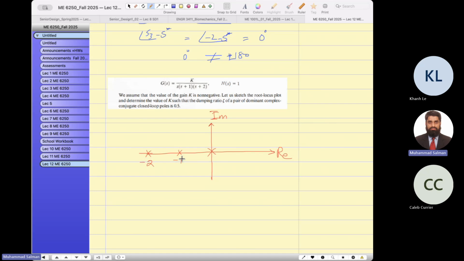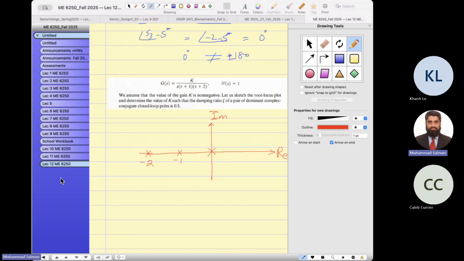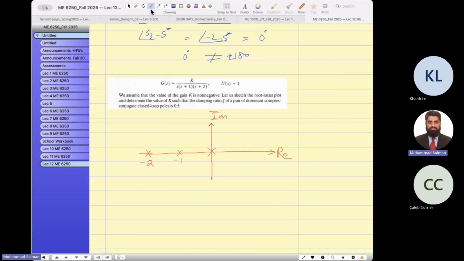The easiest way to draw the root locus is to drag the pen when you touch an odd pole or zero on the real axis. It is not the case for the imaginary axis.